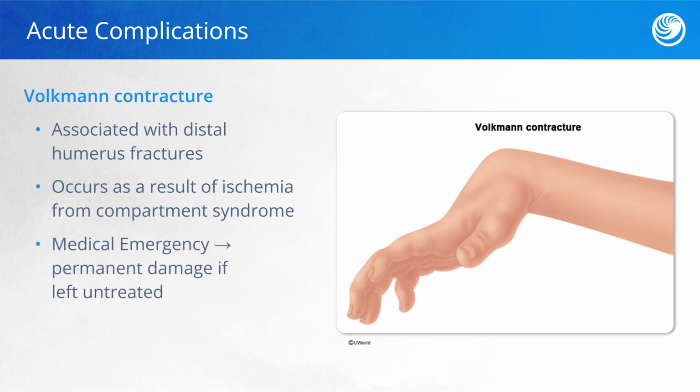This is a medical emergency because permanent damage may happen if it is left untreated. This may be caused by a cast or splint, and that will need to be removed immediately. This may also be caused by a trauma or injury, like a crushing injury. In that case, a fasciotomy may have to be performed.